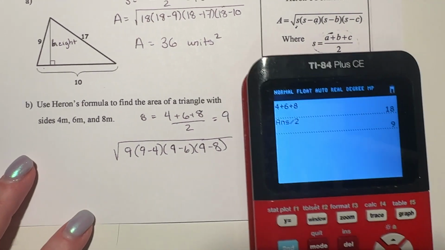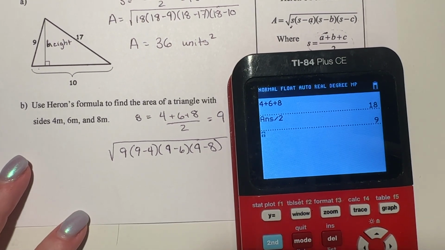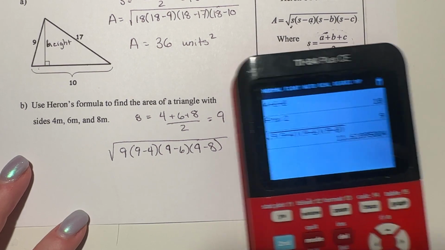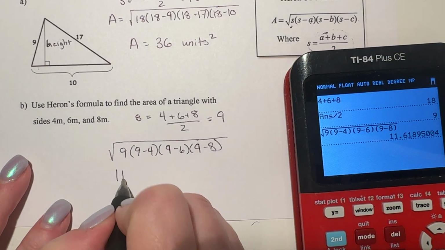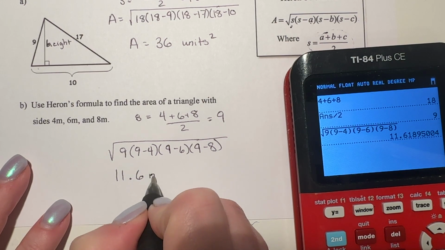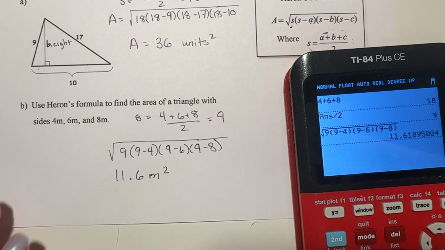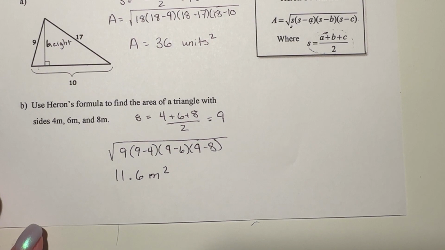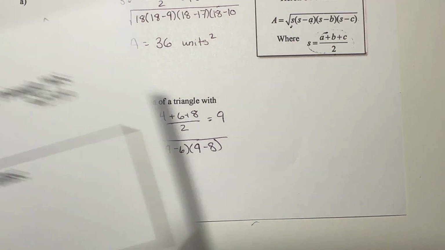And then you're just going to reach for your calculator and type it in. So I end up with 11.6 meters squared.